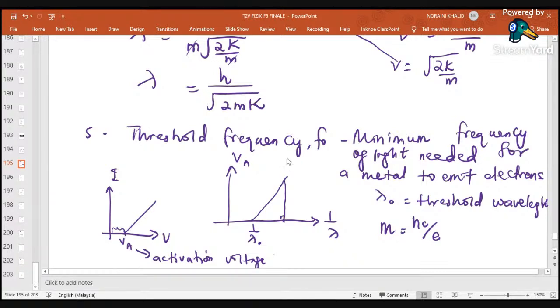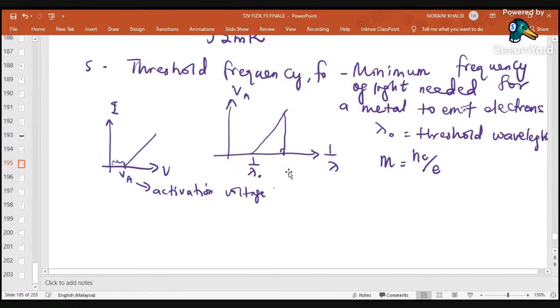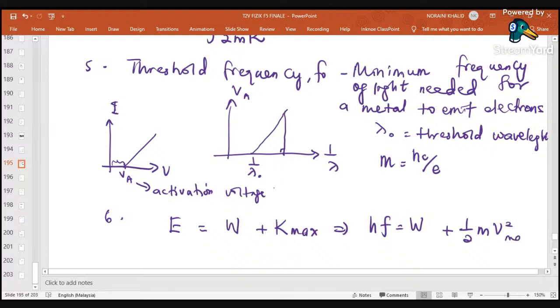Okay, the formula for Einstein's photoelectric theory. We have this formula: photon energy equals work function plus K maximum, or we can write hf equals W plus half mv squared maximum. W, the work function, equals hf naught.